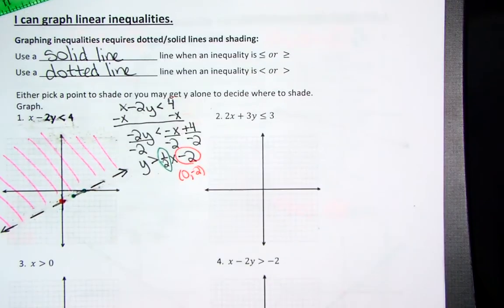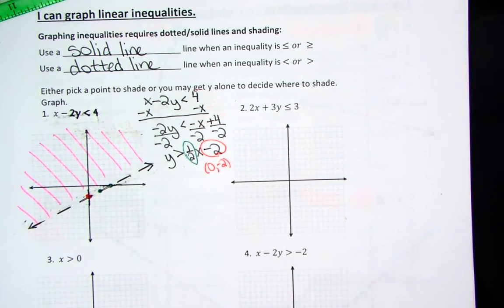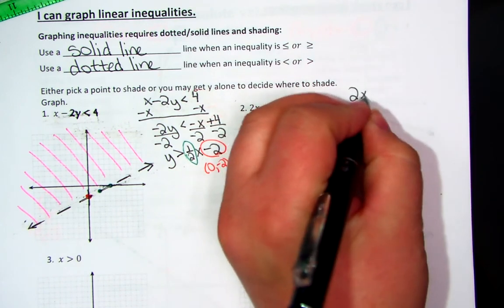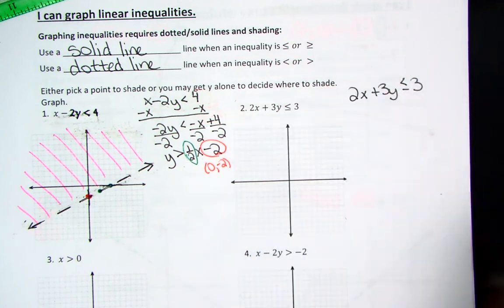Let's do it again. You need to solve to get Y by itself first. So I have 2X plus 3Y is less than or equal to 3.